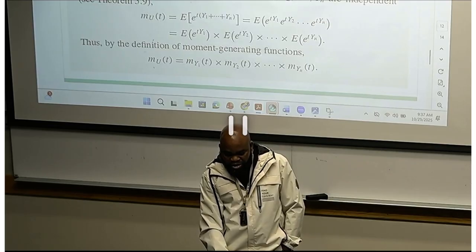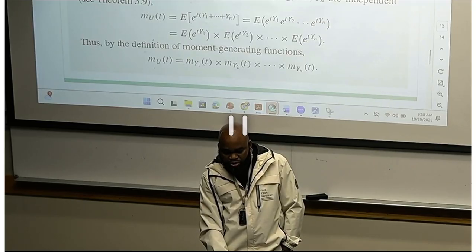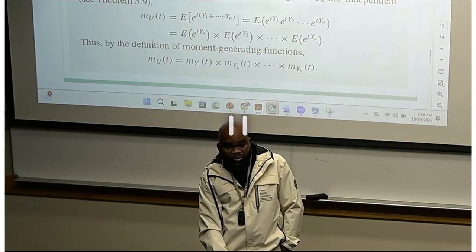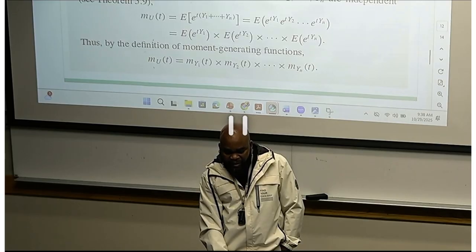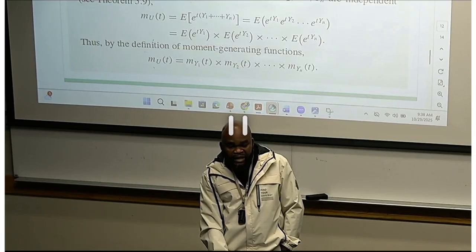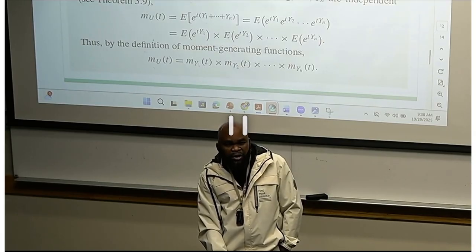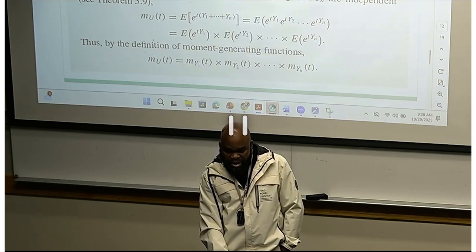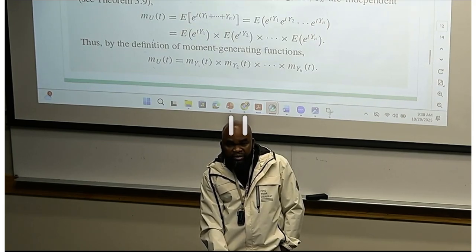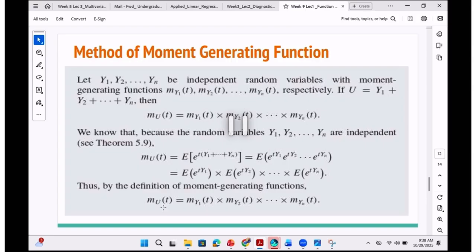This is the law: if u equals y1 plus y2 up to yn, all I need to do is multiply the moment generating functions of the respective random variables, which is what I'm doing here.